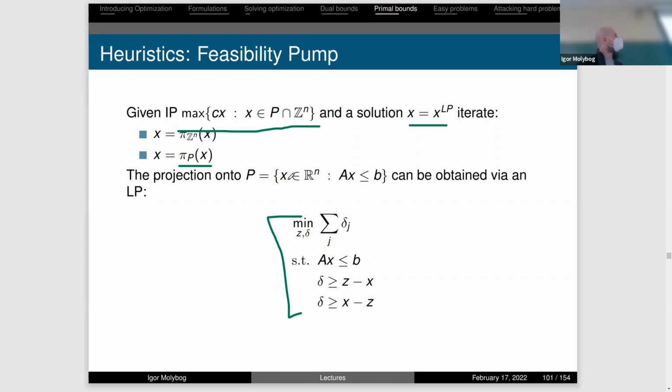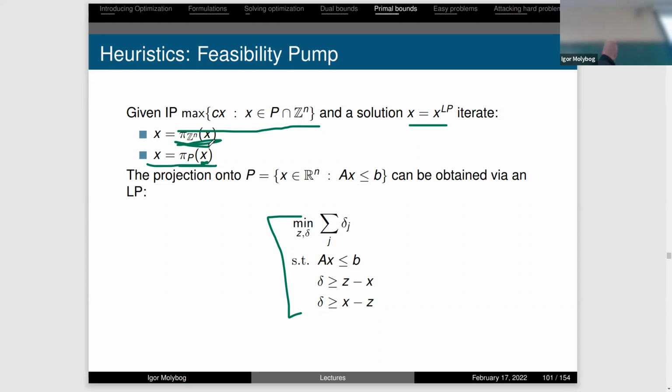Another improvement over this heuristic is to do projection on this step not of a single specific point, but of an entire ray that goes through an interior point to the projected solution here. So let me give you an example of this.